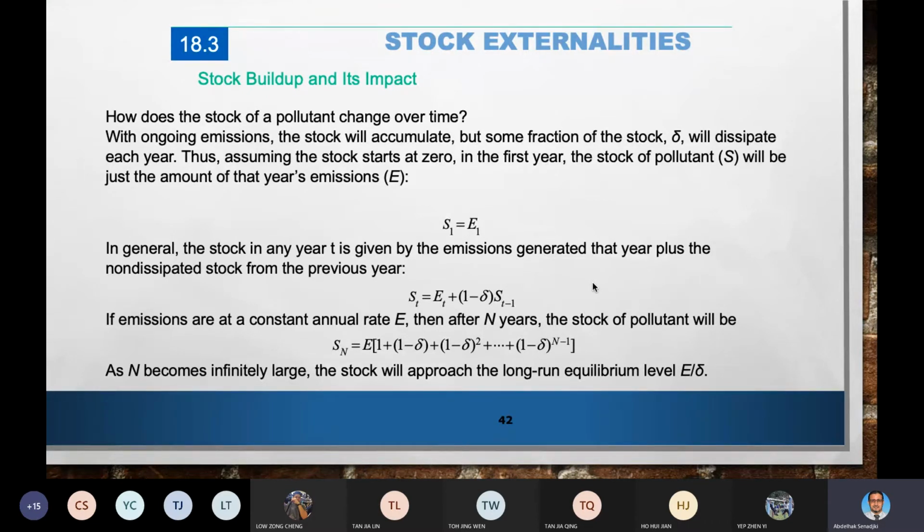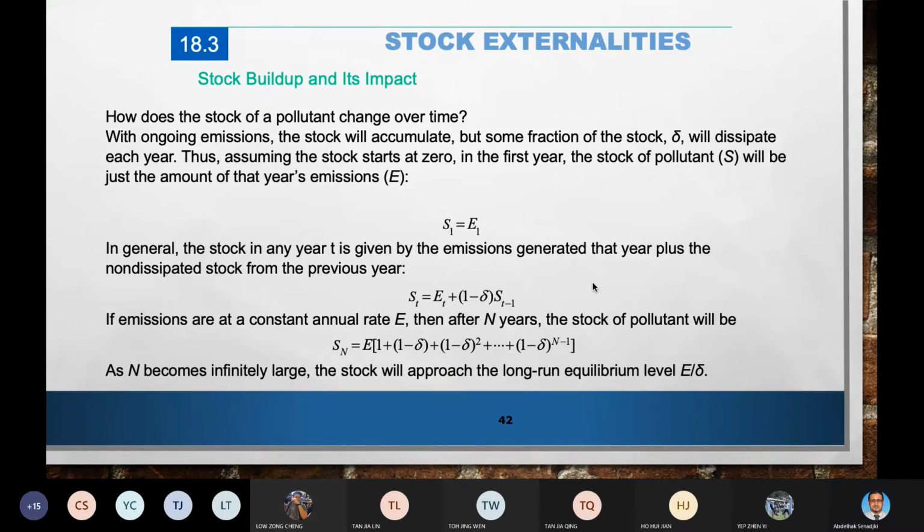Then the stock of pollutant, which we call S, will be just the amount of that year's emission. How much we pollute in that year will be the stock, because that is the base year.